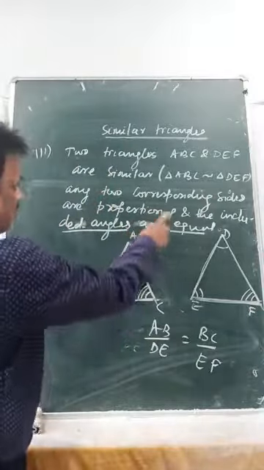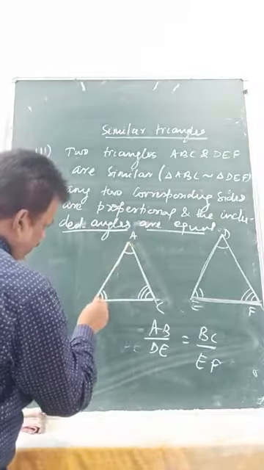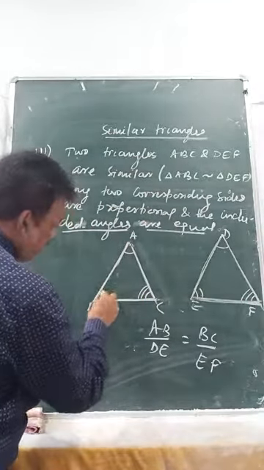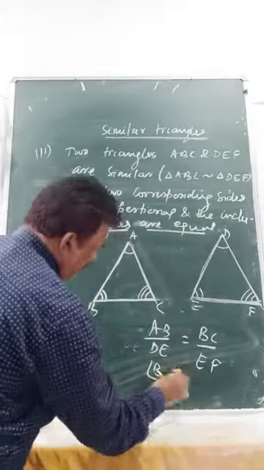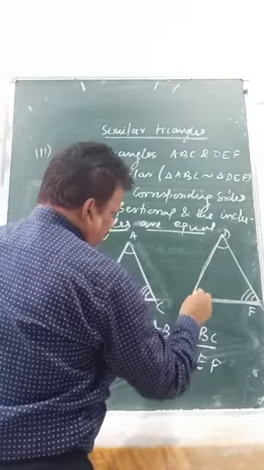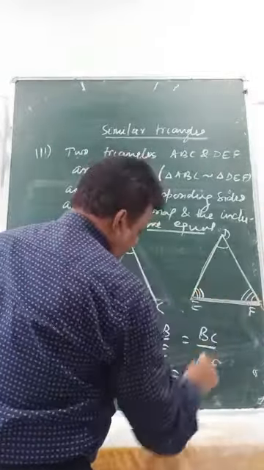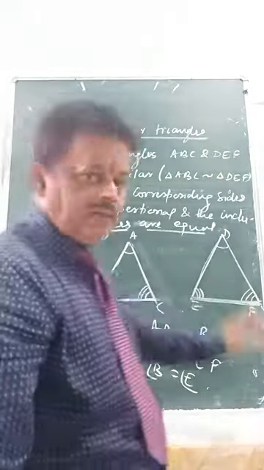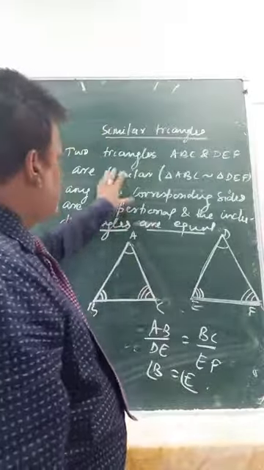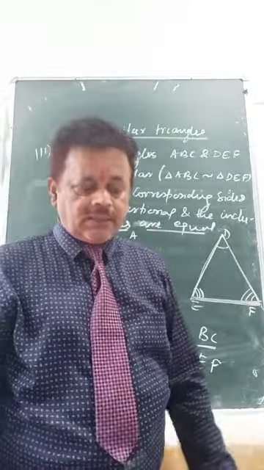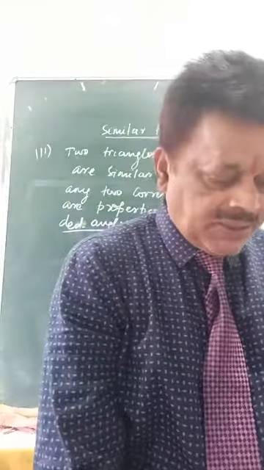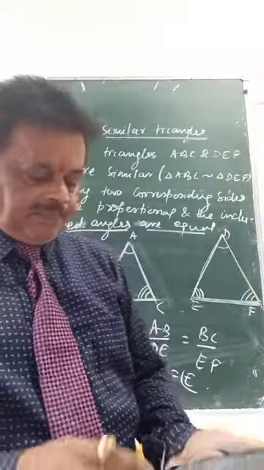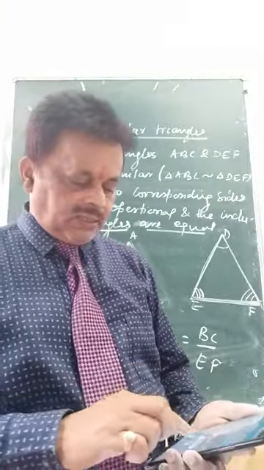Now, included angle means which one? AB, BC's included angle is B. B should be equal to DE, EF's included angle E. If this condition is also there, then you can say two triangles are similar. These three criteria you have to remember. Now see the questions based on this. So go to the exercise.